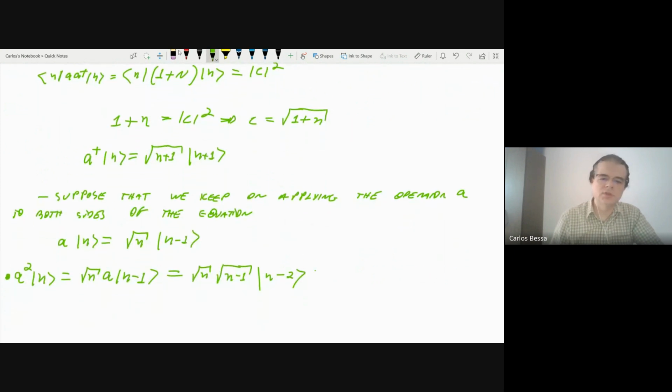So this is just square root of n minus 1 times n minus 2.